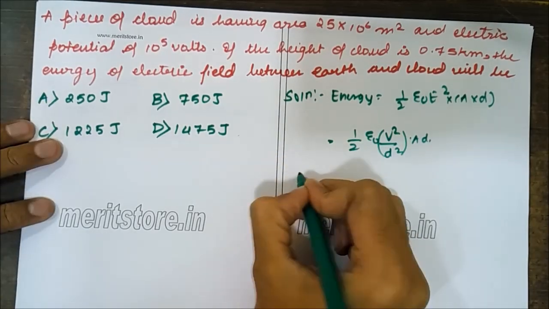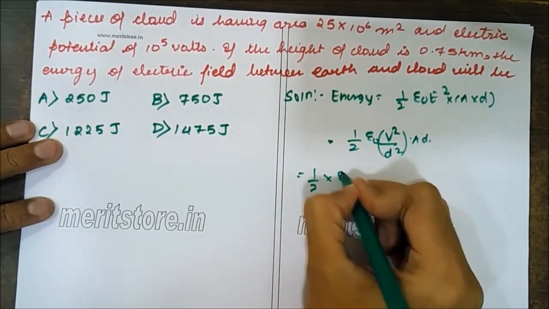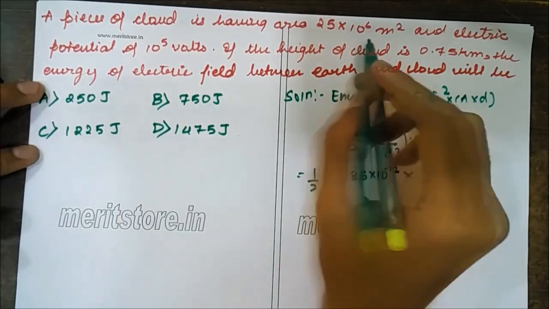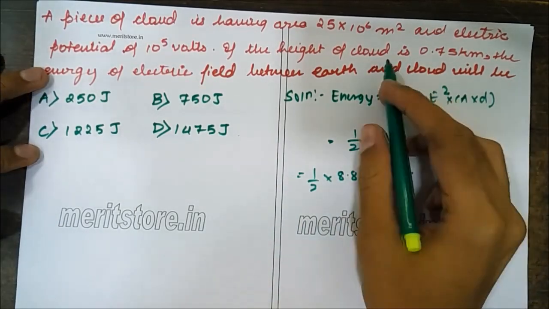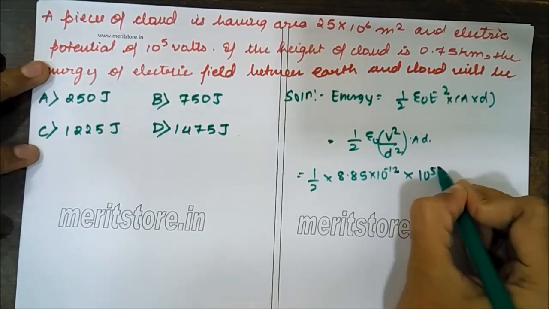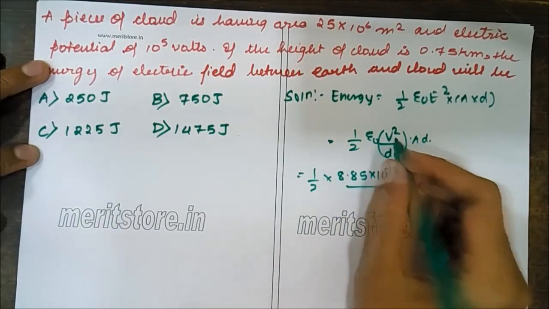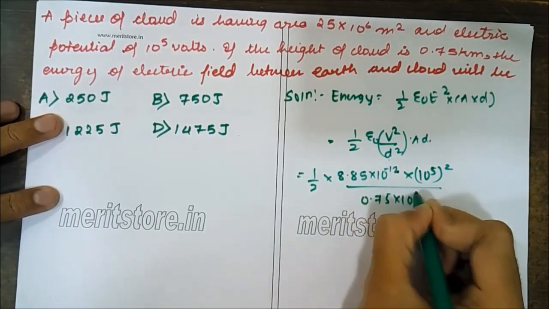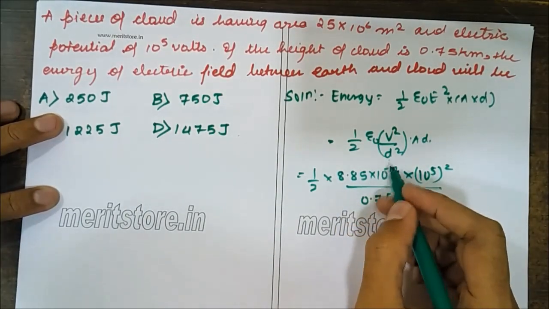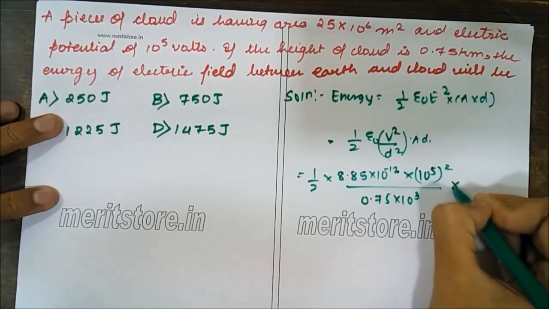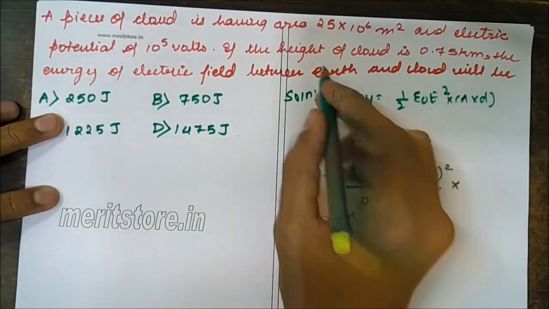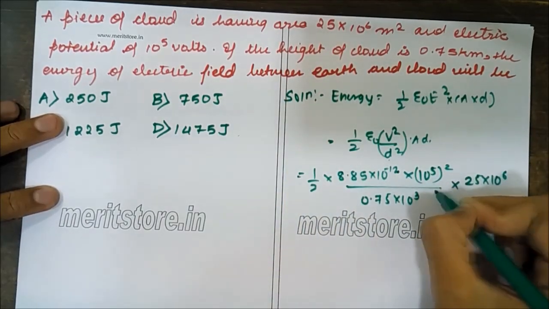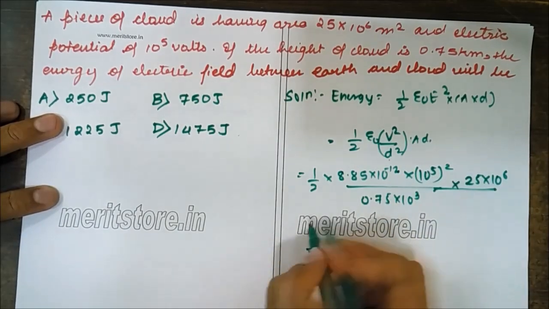Substituting the values, half into ε₀ has a value of 8.85 × 10^-12, into the voltage V² which is (10^5)², upon d², where d is 0.75 kilometers, that is 0.75 × 10^3, the whole squared, into Ad, where the piece of cloud has an area of 25 × 10^6. The d gets cancelled out here, so you're using only one d.